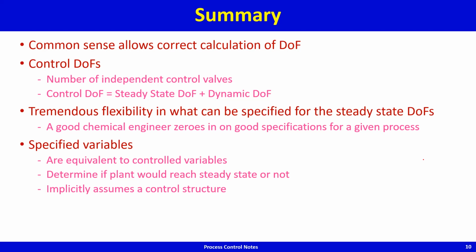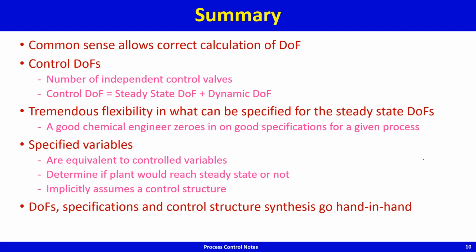And every specification set corresponding to the steady state degrees of freedom implicitly assumes a control structure. And so degrees of freedom, specifications, and control structure synthesis go hand in hand. They're all linked, they go together.